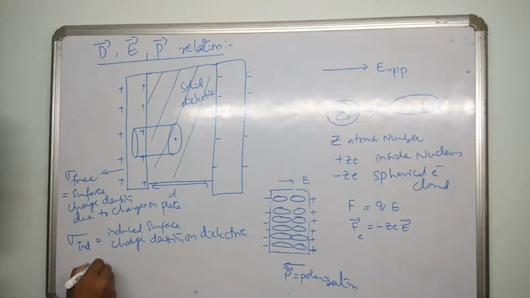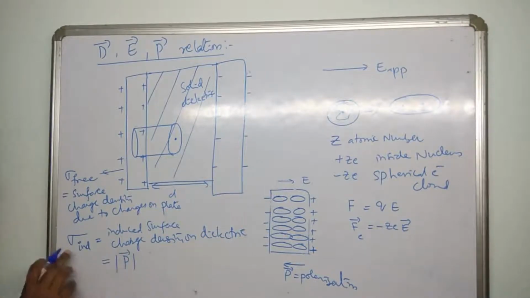This is also mathematically equivalent to the magnitude of P. So induced surface charge density is sometimes referred to as the polarization vector. Of course, this is not a vector, so the magnitude of this is equivalent to this. So if we want to define the polarization vector P, it is the induced surface charge per unit area of the given dielectric. This is one definition. I repeat, the induced surface charge per unit area of the dielectric is what you call dielectric polarization, P.